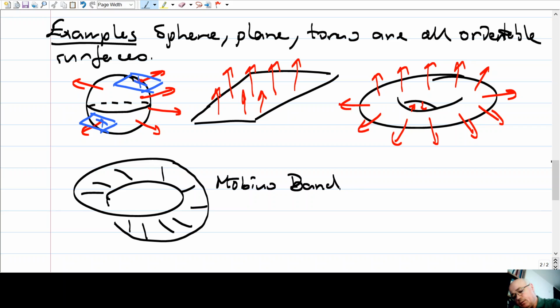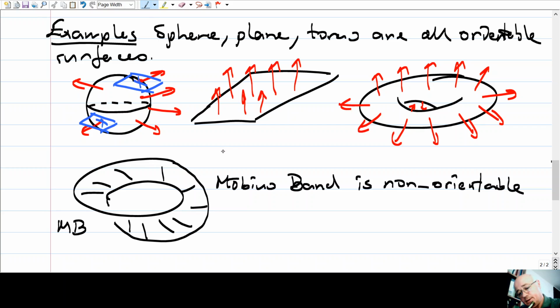This is non-orientable. In other words, one cannot choose a continuous Euclidean vector field defined on the Möbius band, which is perpendicular to the Möbius band at each point.